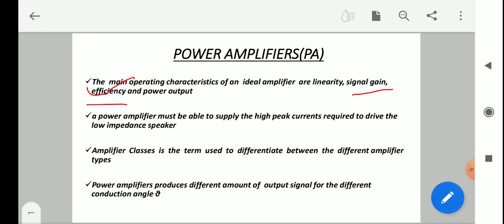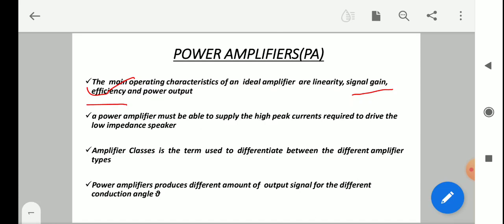So far we have discussed a few terms related to power amplifiers and the difference between classic amplifiers and power amplifiers. A few points must be noted here: in power amplifiers the current gain, that is beta, is always less than 100, and these power amplifiers are used at the output section of any circuitry to drive the speakers in most cases and require high peak current.